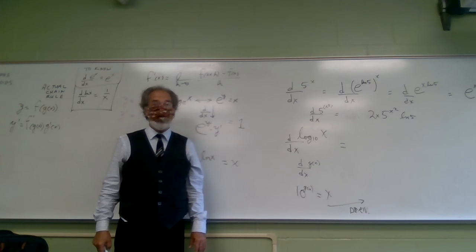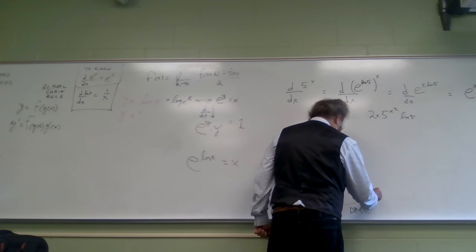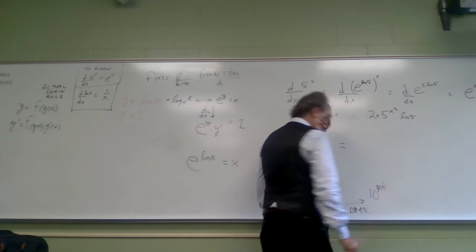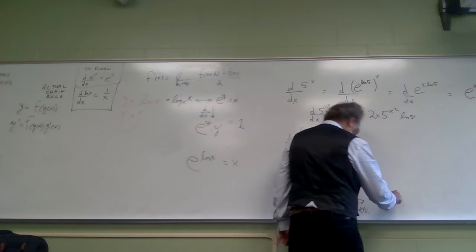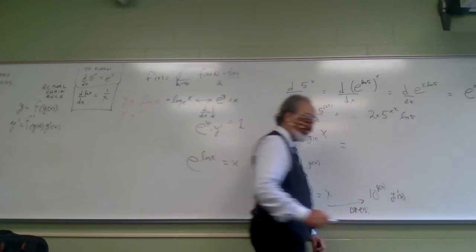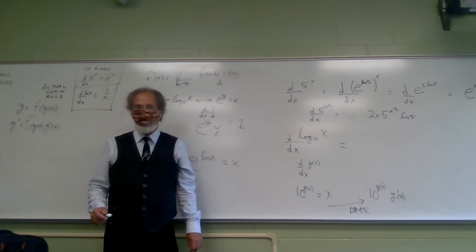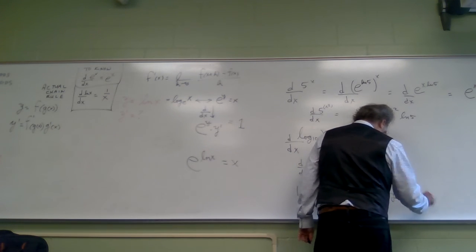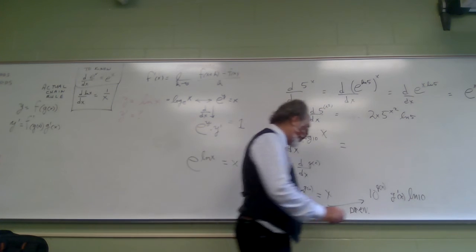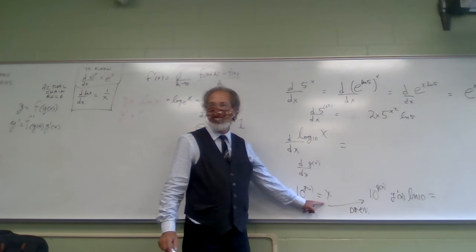It's going to be 10 to the g of x times the derivative of g of x times, the base wasn't e, the base was 10, times natural log of 10. And that's equal to, what's the derivative of x? 1.